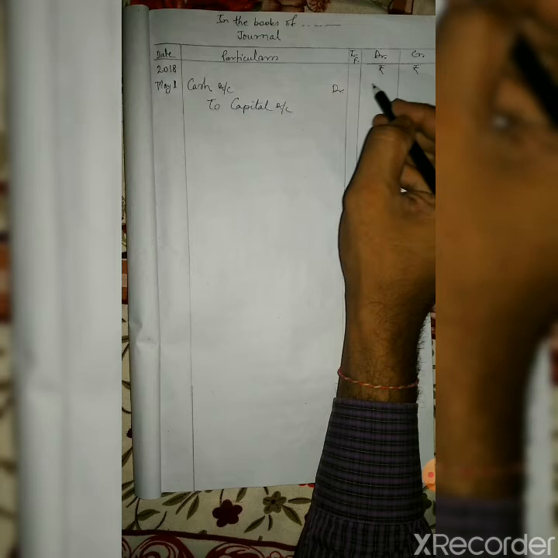It is a person, so capital will be credited. In each transaction you have to think like this. First you have to find the accounts which are being affected by the transaction. Then you have to classify the accounts into real, personal or nominal. Then you have to apply the golden rule to find out which account will be debited and which account will be credited.